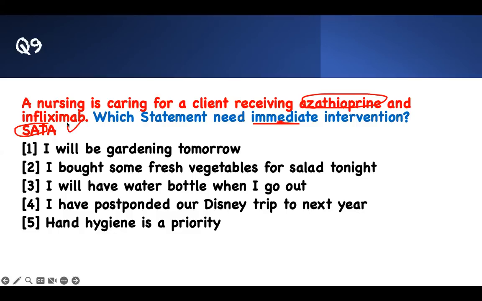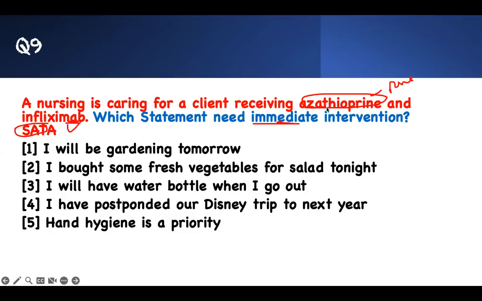Look at it. Infliximab, it has a mab at the end. And azathioprine is a purine derivative. Purine is in your DNA, so it has to be immunomodulating. You have to affect replication, you have to affect your immune system.